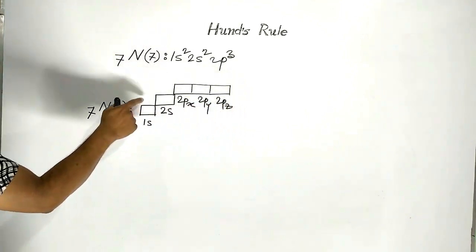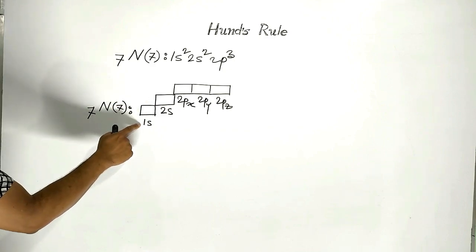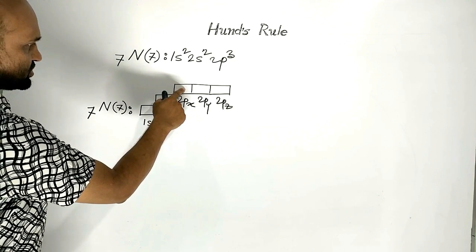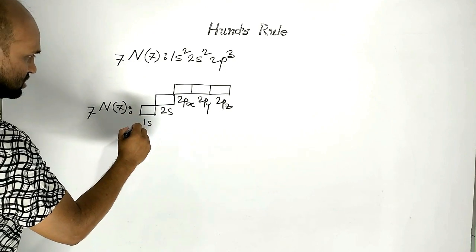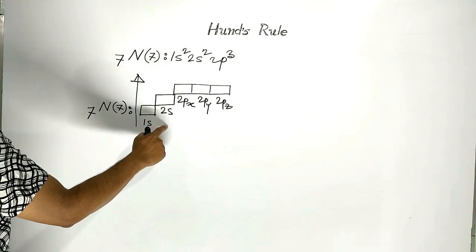Here 2s orbital is a higher energy orbital than 1s orbital, and p orbitals are higher energy orbitals than 2s orbital. That is why these orbitals are shown in this way.